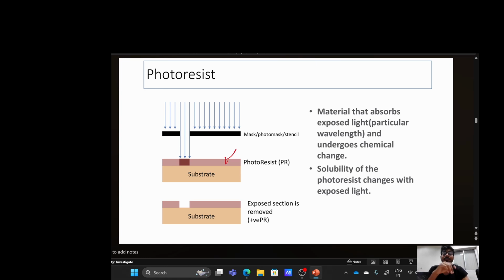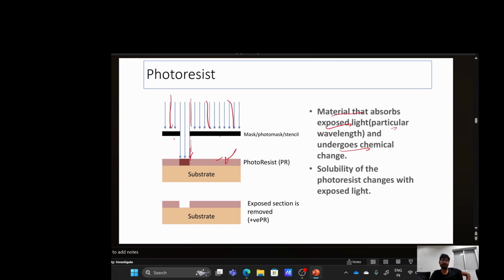Okay, this is the mask we make. The light is falling from above through the mask. There is an opening in the mask, for which there is a certain pattern on the mask which we want to transfer onto the substrate. The light will go through this opening and will cause chemical changes in the photoresist. This material absorbs the exposure light of the particular wavelength, and a chemical change happens in the photoresist.